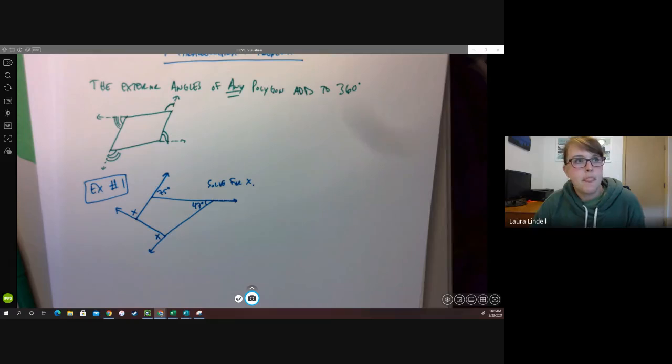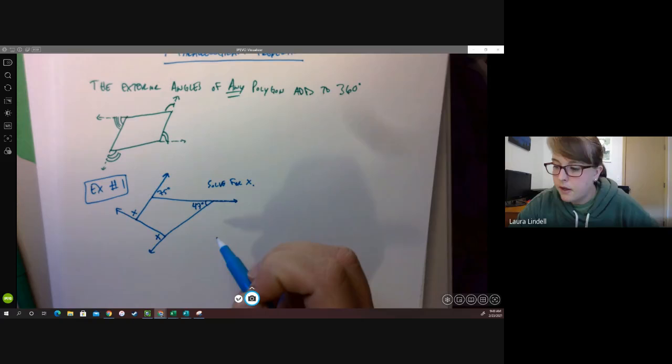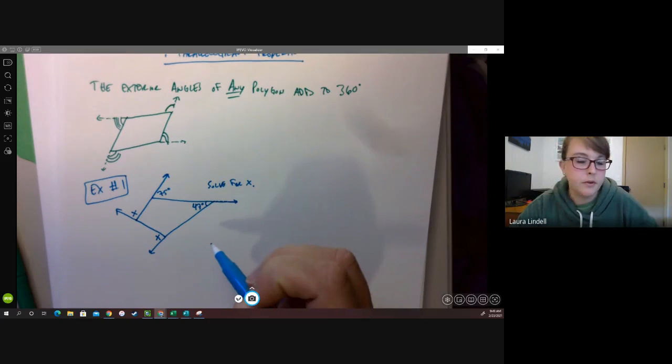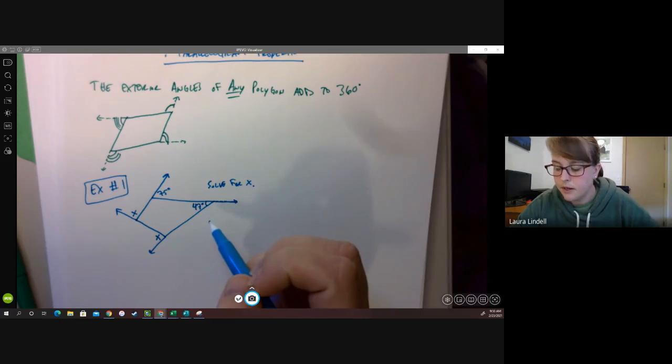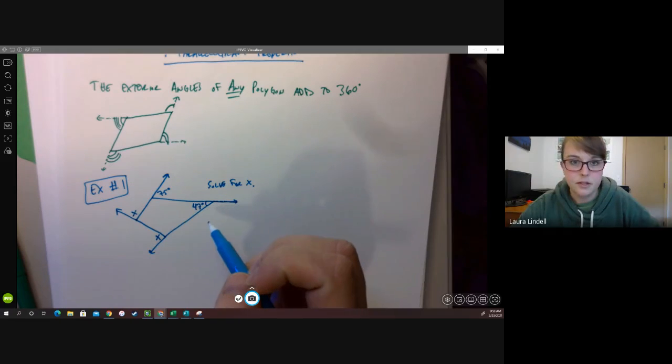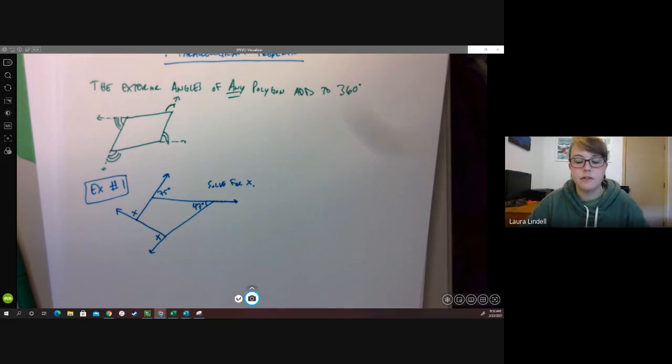Okay. So we know the exterior angles of any polygon add to 360. That should be in our mind right away, that we're probably going to be adding to 360 here because we've got a whole bunch of exterior angles in this picture. You could also work with the interior angles, but on this one, it makes more sense to work with exteriors since we've got a lot of exteriors already, and it would take extra steps to work with interiors instead.